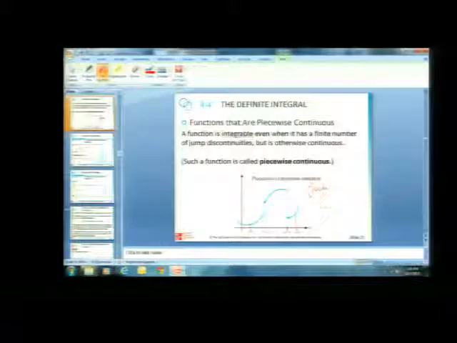Then you have to split into 3: from a to c, and then c to d, and then d to b, right? You cannot go and integrate from a to b in one go because there is a discontinuity.